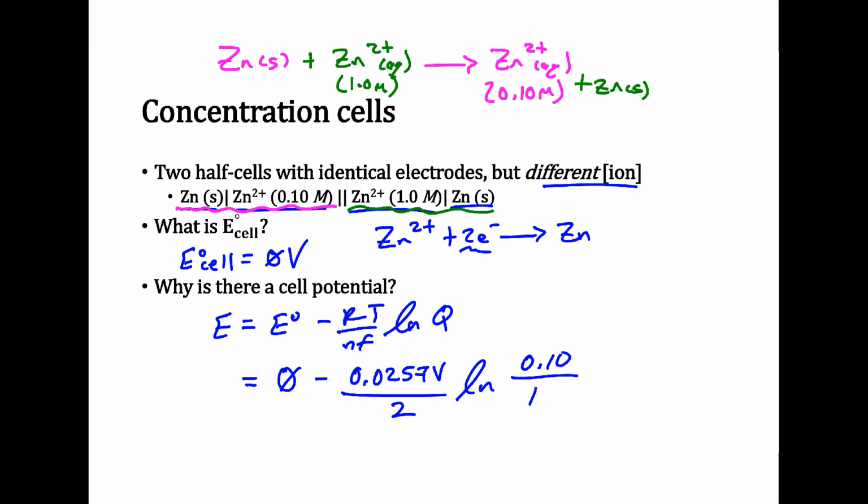And we find that E cell is equal to 0.030 volts. So what started out as a reaction at equilibrium, if we look at the standard cell potential, E cell was equal to 0 right here. But then by using some sort of concentration gradient, we're actually able to make this process spontaneous.